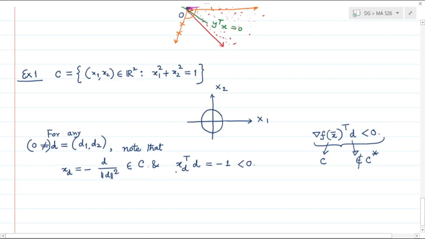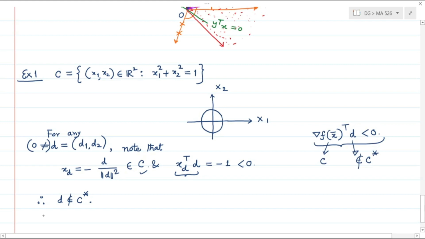And what does this inequality say? This inequality says that the direction d obviously is not in C star, because you have at least one element xd in the set C such that the angle between xd and d is more than 90 degrees, and therefore d does not belong to C star. So any non-null direction is not in C star. And what about the null direction?